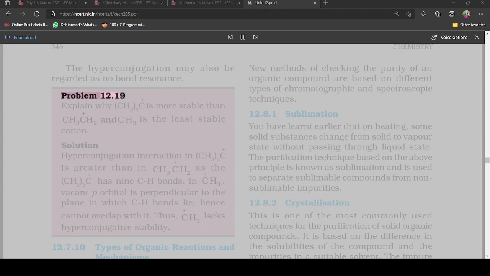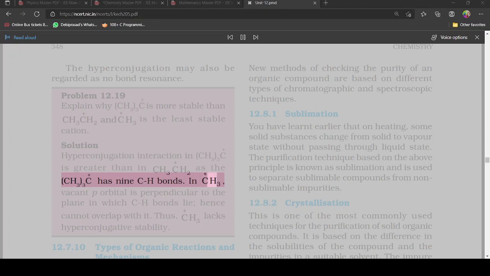Problem 12.19: Explain why (CH3)3C+ is more stable than CH3CH2+, and CH3+ is the least stable cation. Solution: Hyperconjugation interaction in (CH3)3C+ is greater than in CH3CH2+ as the (CH3)3C+ has 9 C-H bonds.